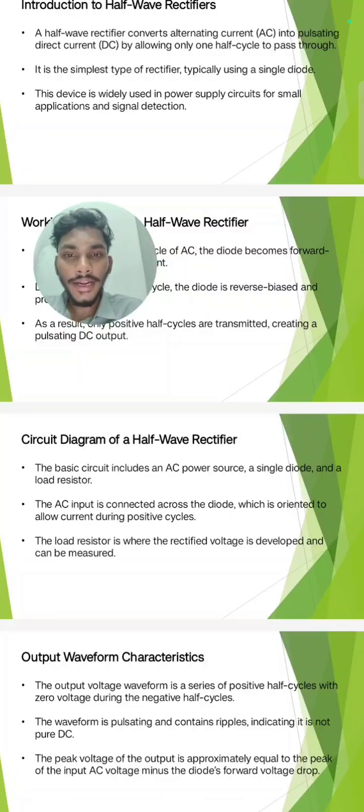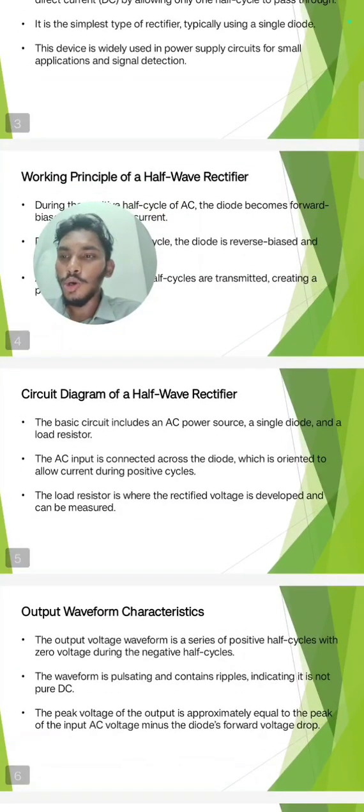The load resistor is where the rectified voltage is developed and can be measured, and we take the output there. During the negative half cycle, the diode blocks the current.